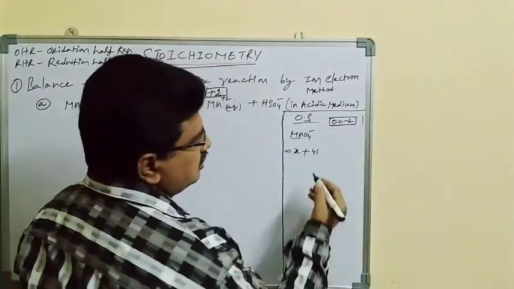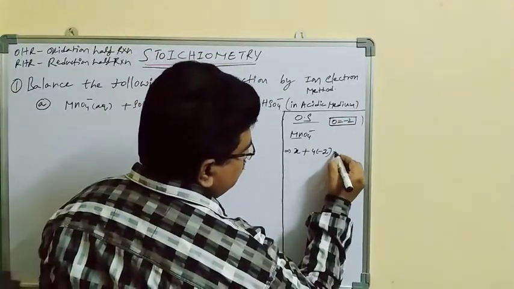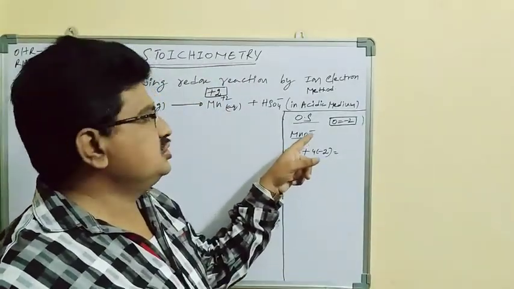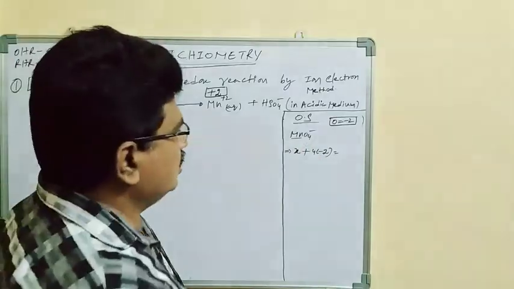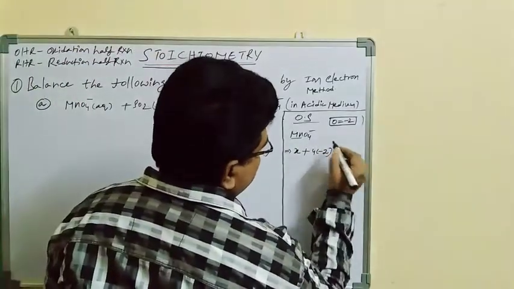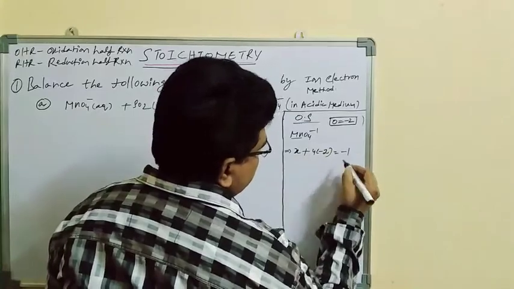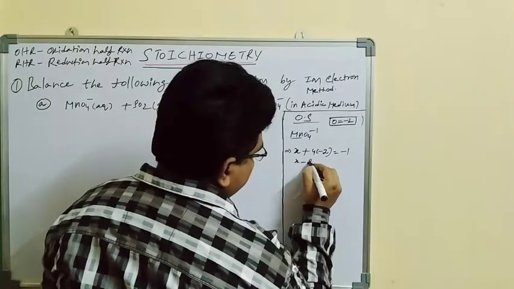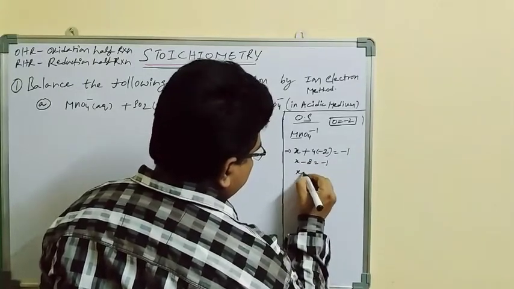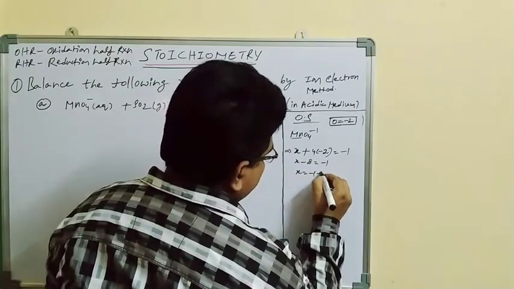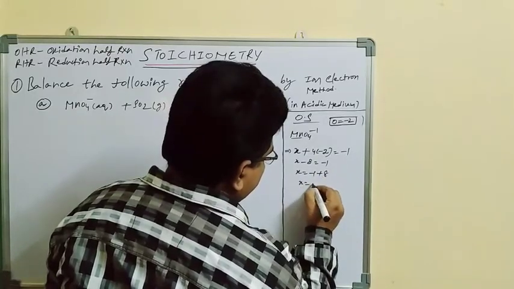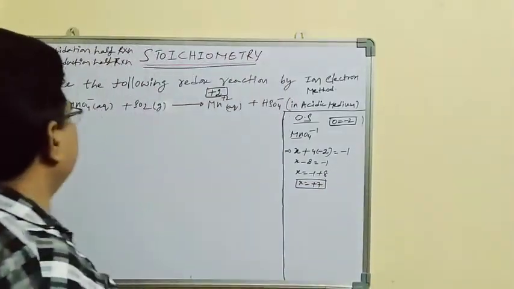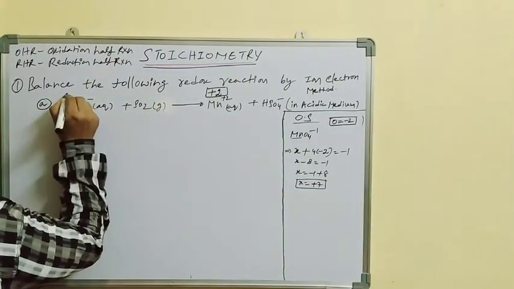Substituting here, the sum of all the elements is equal to the charge, which is -1. So x - 8 = -1, x = -1 + 8, x = +7. So the manganese oxidation state is +7.